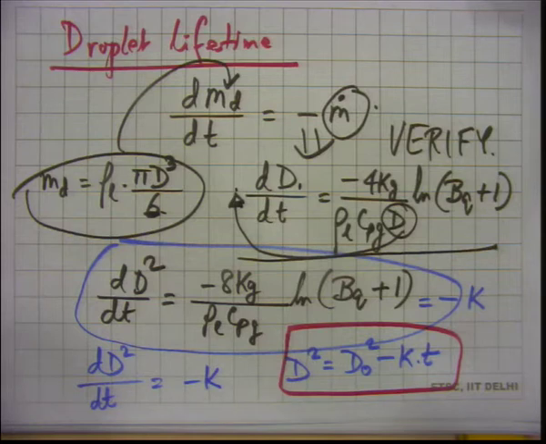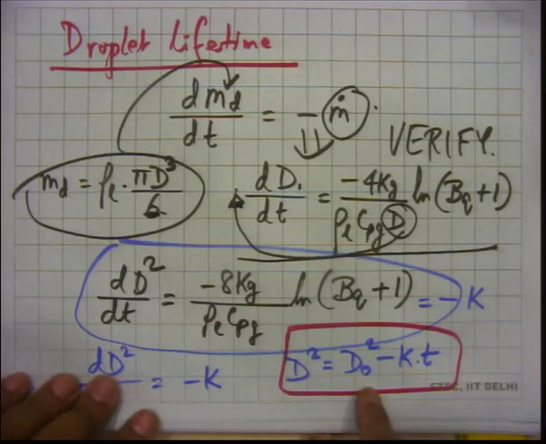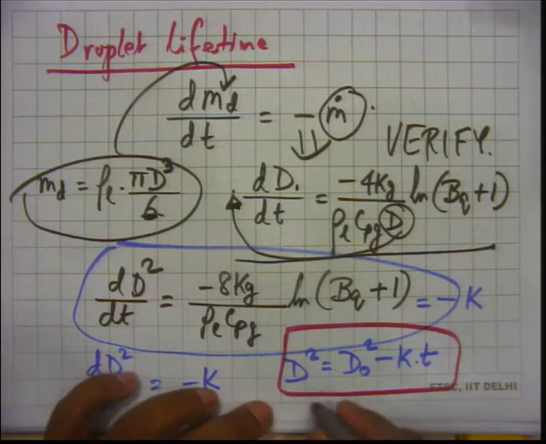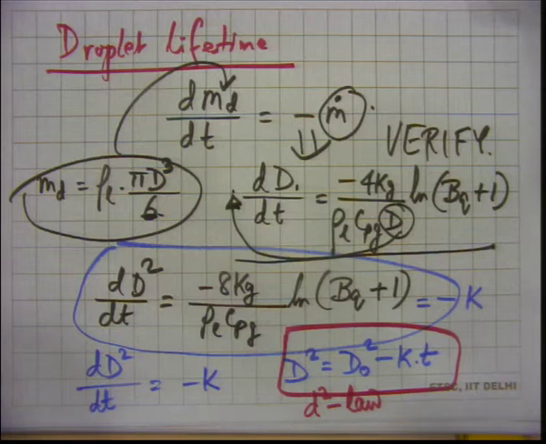How the droplet diameter is changing is described by this, which is called a D squared law. In combustion literature, this is known as a D squared law. This is the D squared law for evaporation, and we will also subsequently find a D squared law for combustion, which will look somewhat similar.